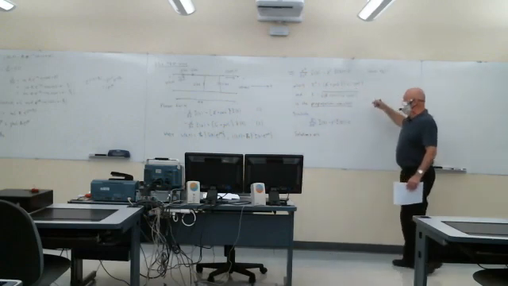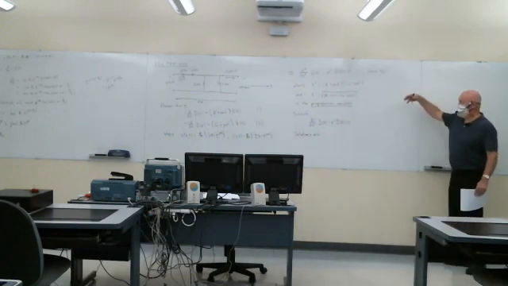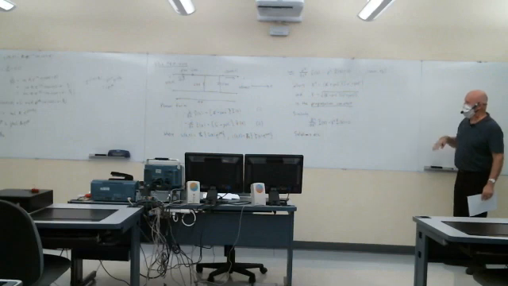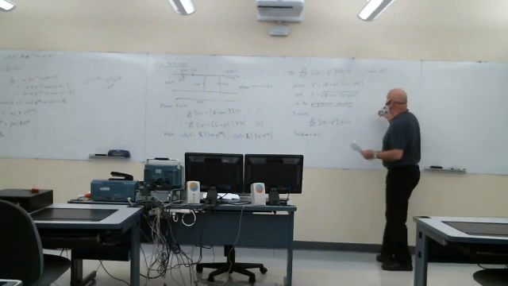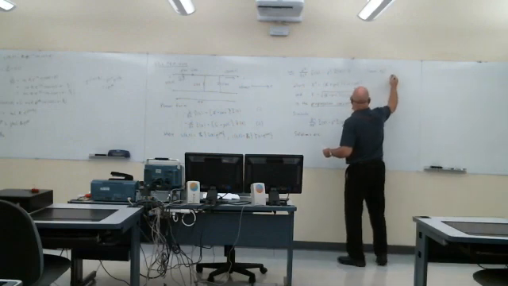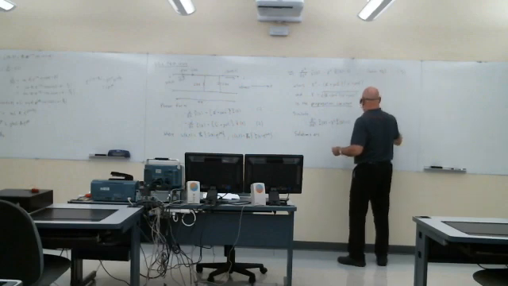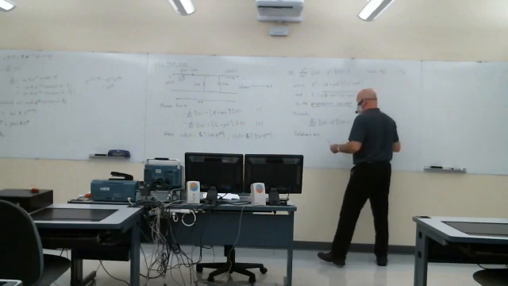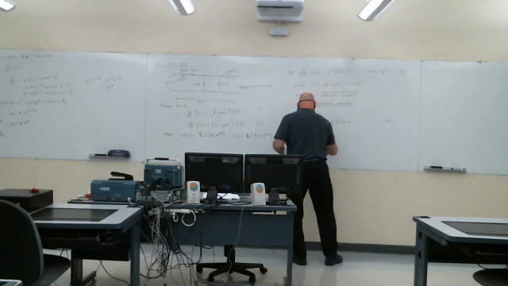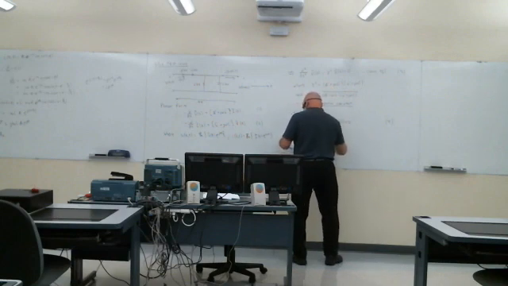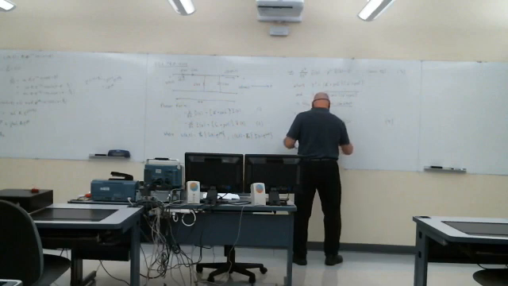The solution to the top equation, let's call it equation 3 here, and the one for the current, 4, has this form, e to the minus gamma z.